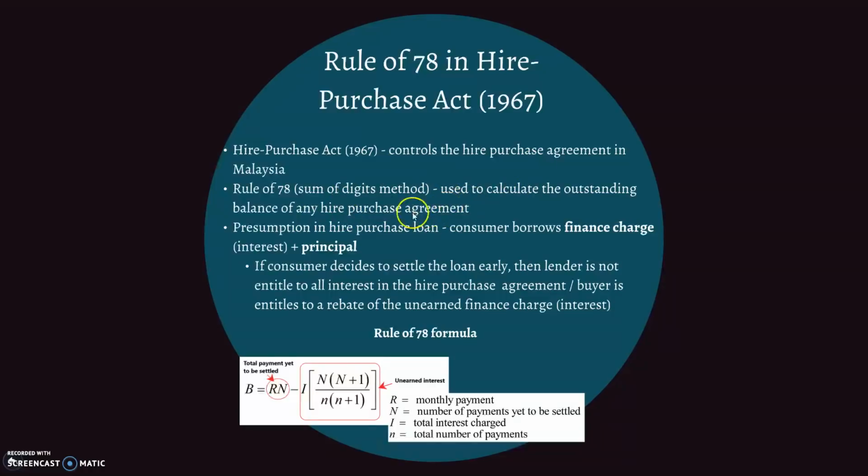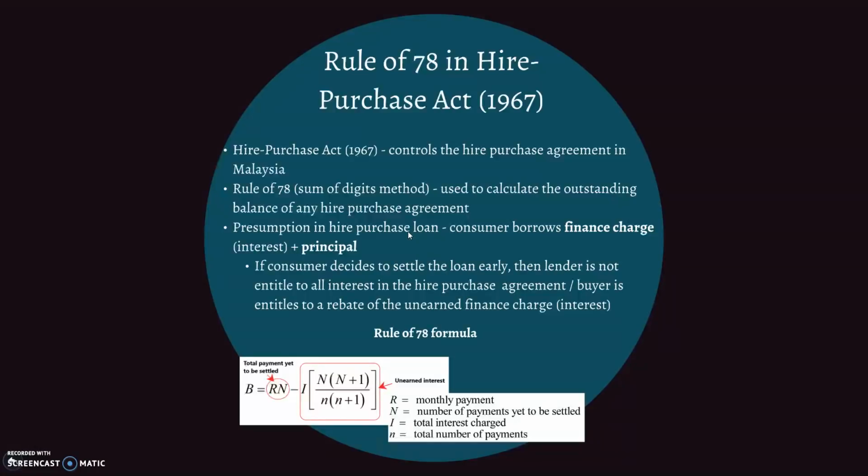What is the importance of this rule, right? It is based on the presumption in a hire purchase loan. The presumption is that when you want to buy something, you don't have the money, so you want to make an installment. Basically, you will borrow money from somebody else or from some other institute, and then give that money to the shop.